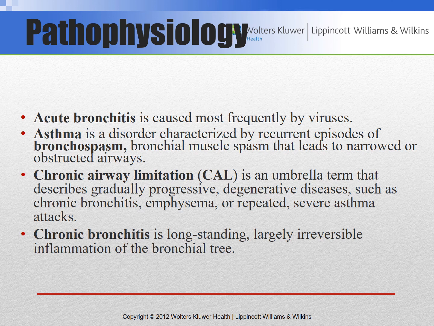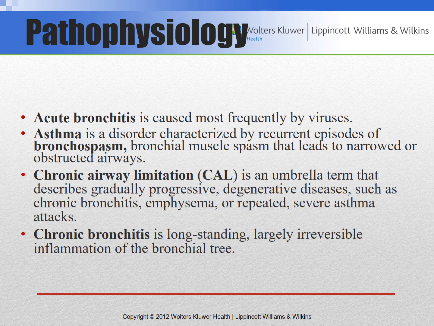When that becomes an emergent situation, we term it status asthmaticus, where we need to put in an airway for that patient because the asthma has progressed to such a degree.